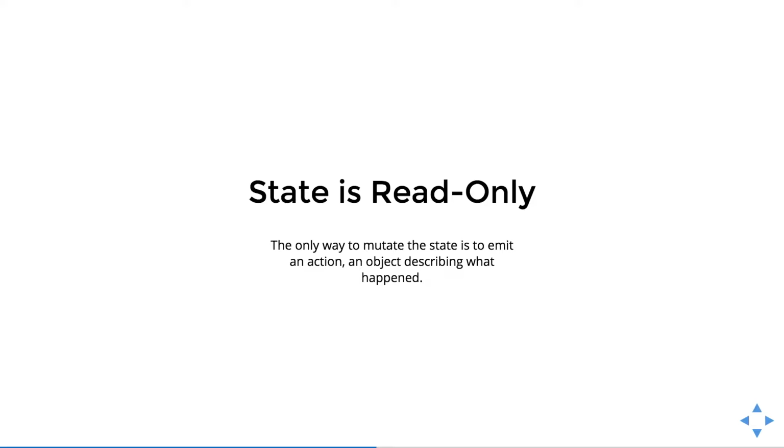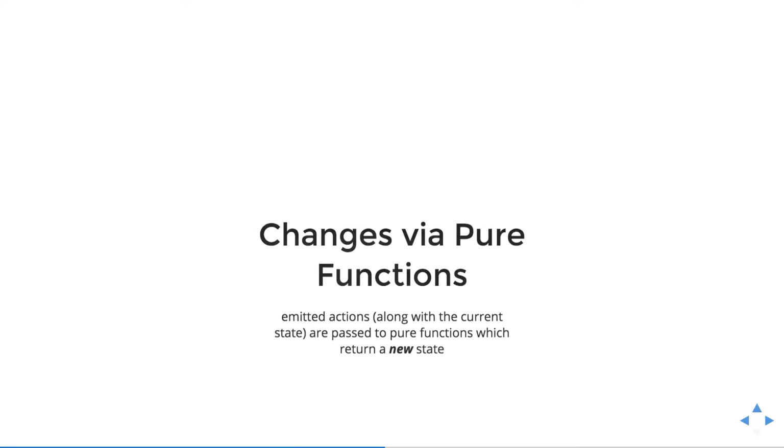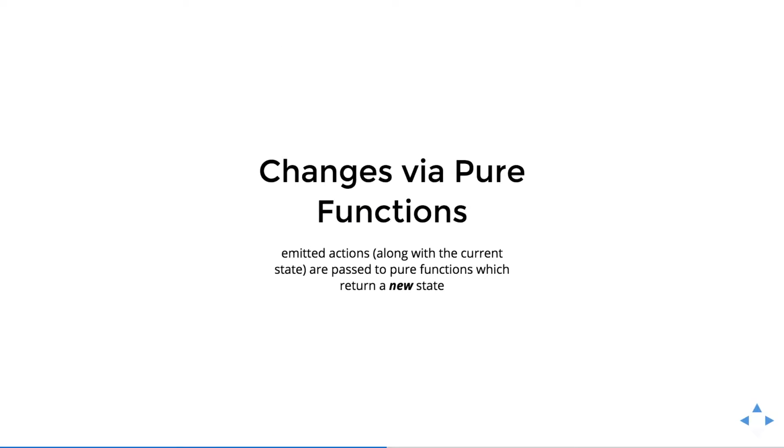State is read-only. We don't have all these things all over the place mutating the contents of your state, right? It's read-only. The only way to mutate is to emit an action, which is an object describing what happened, okay? And then you take those objects that have been emitted in, and they're passed through pure functions that accept a current state, the action, and what they do is they produce a new state.